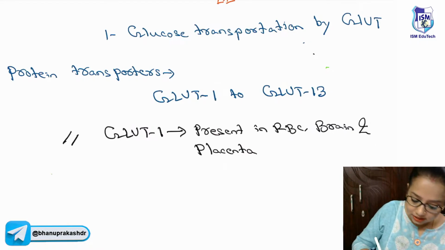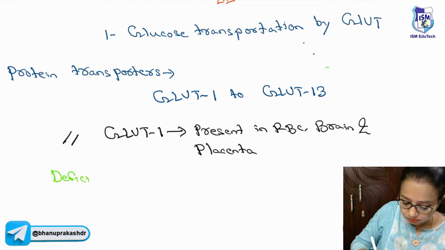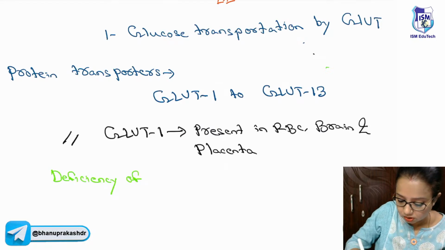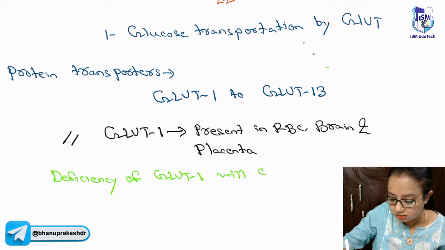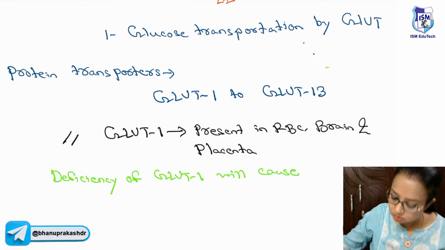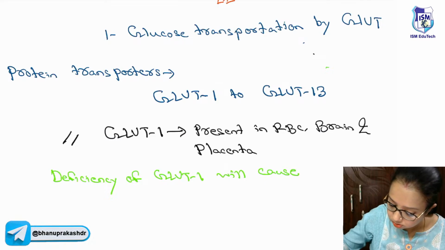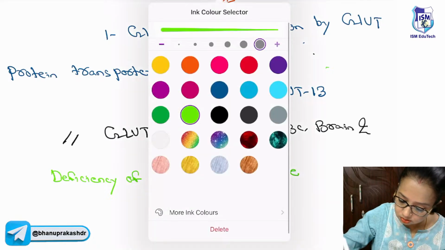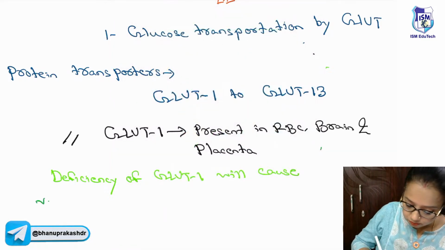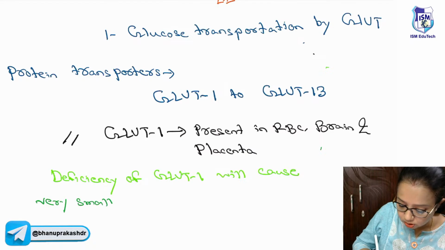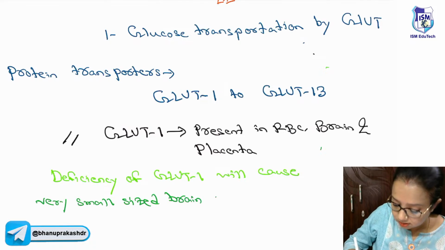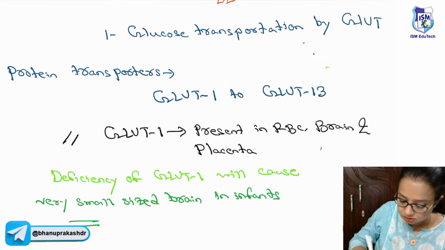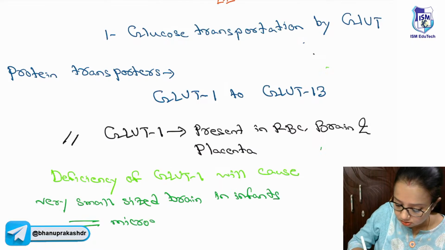Deficiency of GLUT1 will cause a very small sized brain in infants right after birth, a condition called microencephaly.